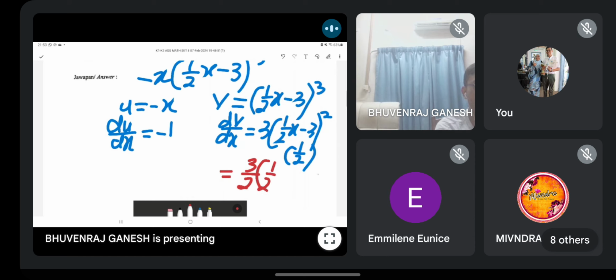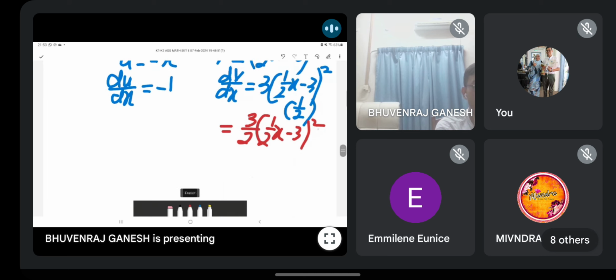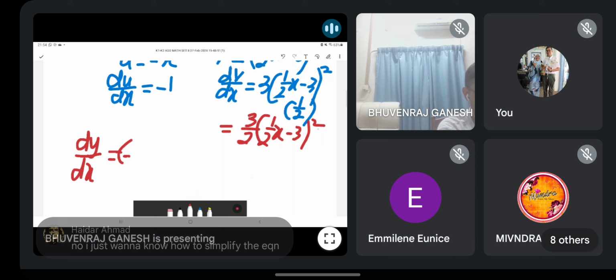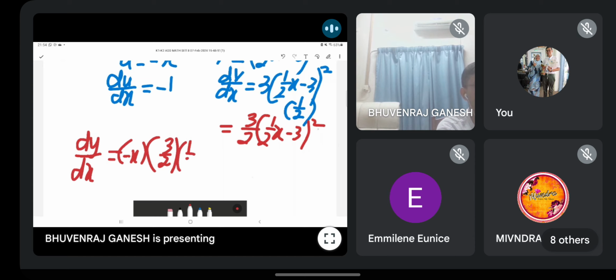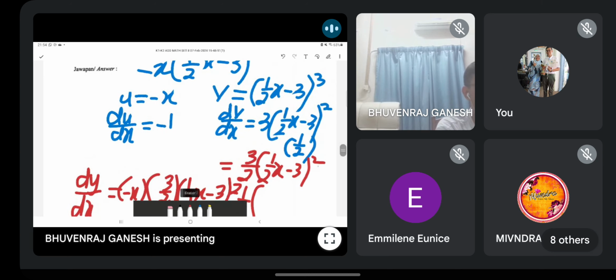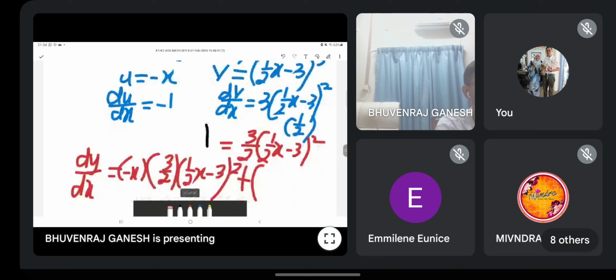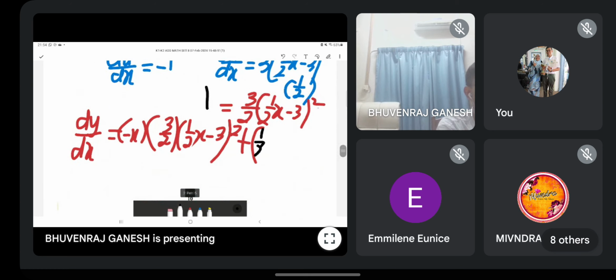Aida, okay until now? Can get it? It's just normal solving. So then you do dy/dx, equal to negative x and then 3 over 2, 1 over (2x minus 3) squared, plus v, half (x minus 3) cubed.